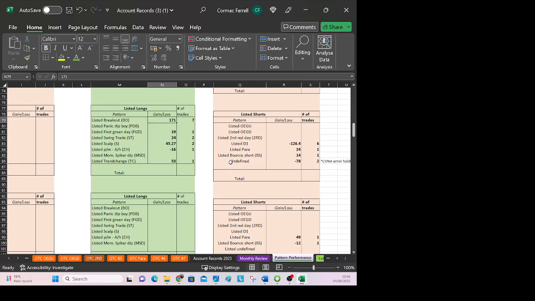And then my better ones are breakout so far. Small here, small green on scalps, and down a bit on pre-market trading or after hours, and trend change green on one trade. So let's get back to my trades.